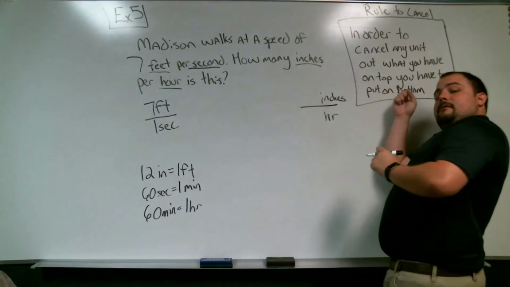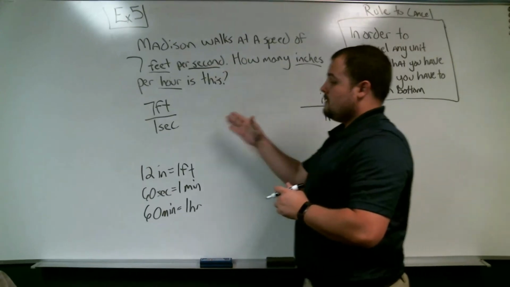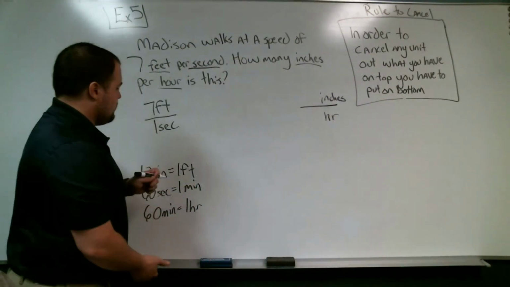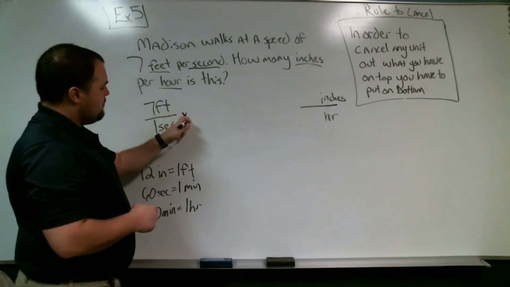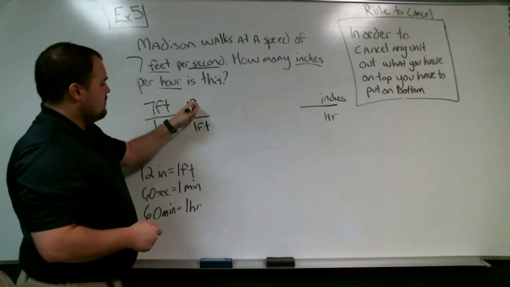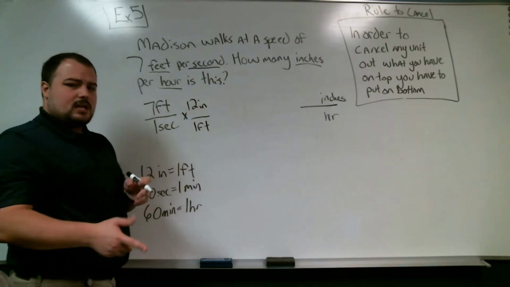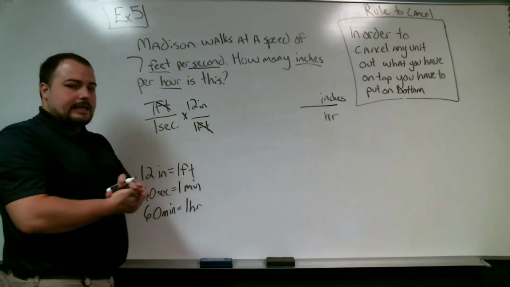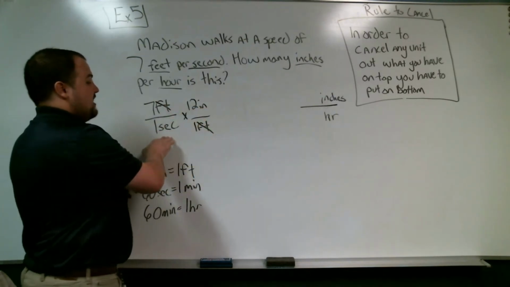And we're going to do that by following our rule right up here. So, feet, and we're going to change those to inches. Well, if we want to cancel out a unit that's on top, we have to put that unit on bottom. So 1 foot is 12 inches. And again, if it's on top, it's on bottom, it cancels out. Feet cancel out. So now I have inches and seconds.